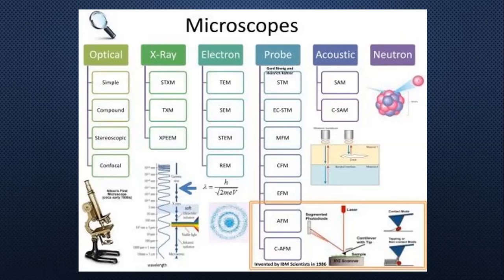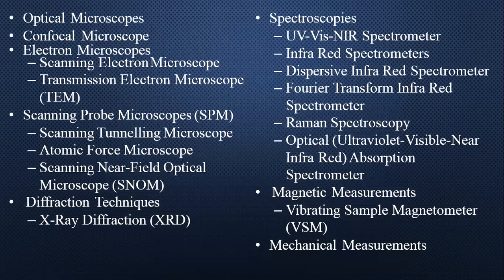If we consider the different microscopes, the full forms are mentioned here. The optical microscope, confocal microscope, electron microscope. We are interested in scanning electron microscope and transmission electron microscope, SEM and TEM respectively. The next is the scanning probe microscope, that is SPM.